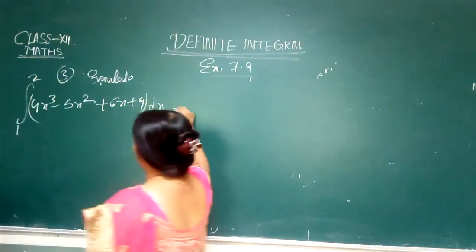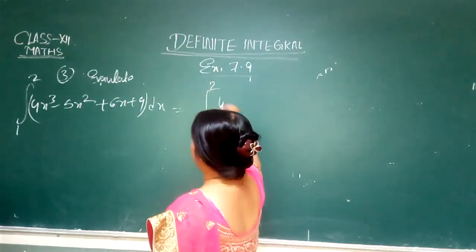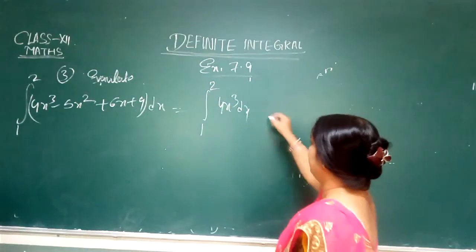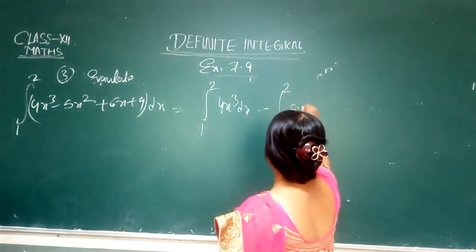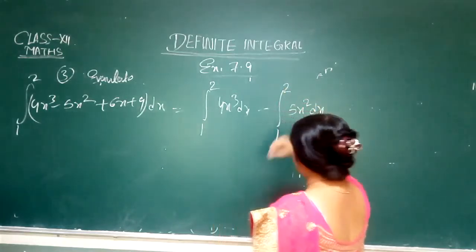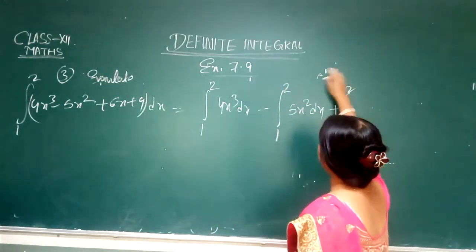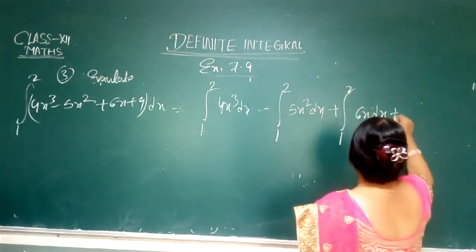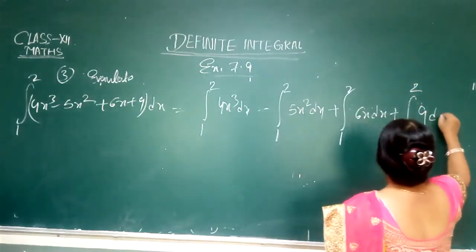So how will you solve it? Separate the integration with limits: integral from 1 to 2 of 4x cube dx, minus integral from 1 to 2 of 5x square dx, then plus integral from 1 to 2 of 6x dx, plus integral from 1 to 2 of 9 dx.